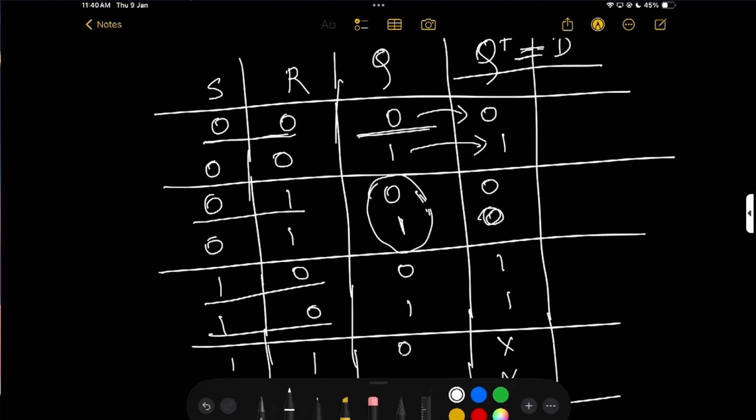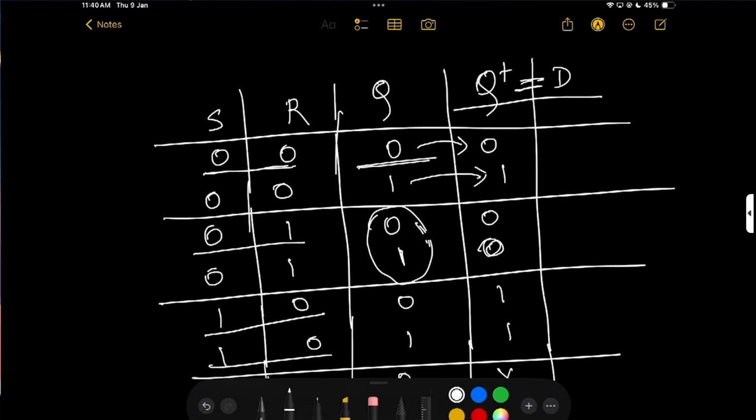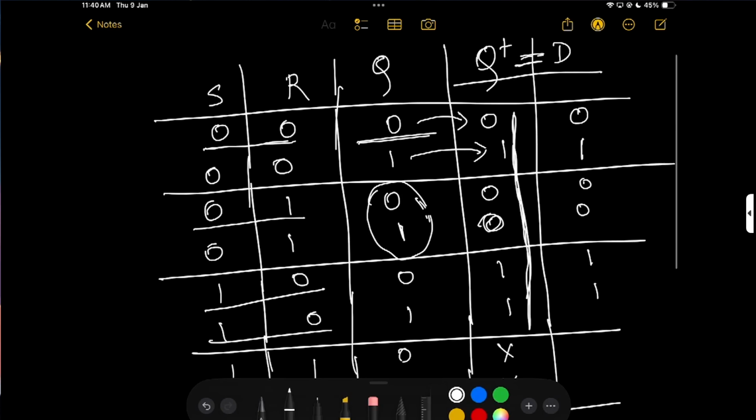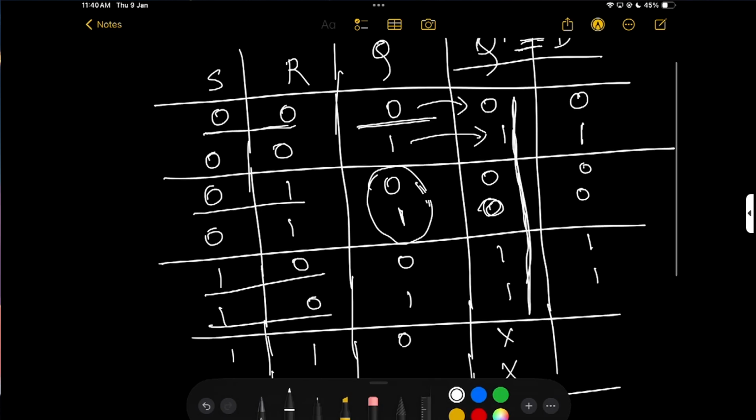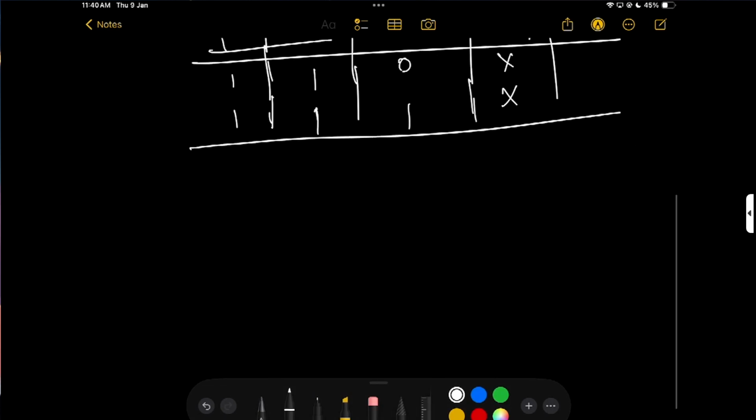And what is the D? D depends on this, so this is my D basically. So 0 1 0 0 1 1, this is my D. So if I want to make a truth table for D, how to make D?